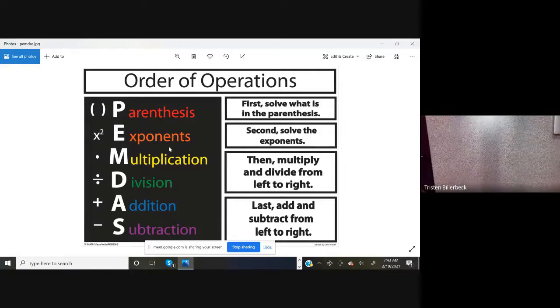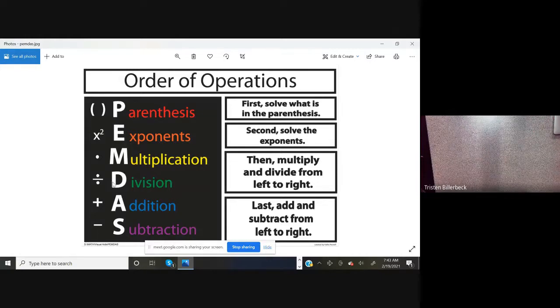Then we do multiplication or division depending on which one occurs first when we look from left to right. So there's a rule from left to right. We read from left to right in the United States. So when we solve with the order of operations, we read our mathematical sentences from the left to the right.